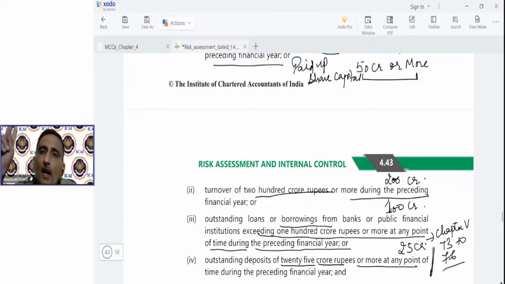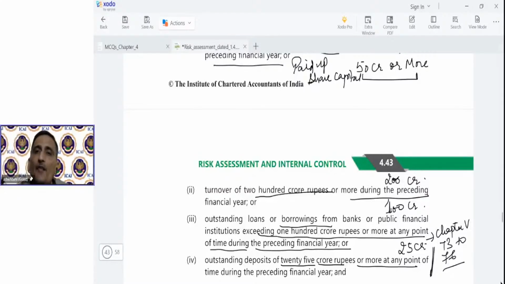If you are a public company but you are not listed, then if your paid up share capital is rupees 50 crore or more during the preceding financial year, or your turnover is 200 crore or more during the preceding financial year, or you have borrowed 100 crore or more from banks or public financial institutions at any point of time during the preceding financial year, or you had outstanding deposits of 25 crore or more at any point of time during the preceding financial year.